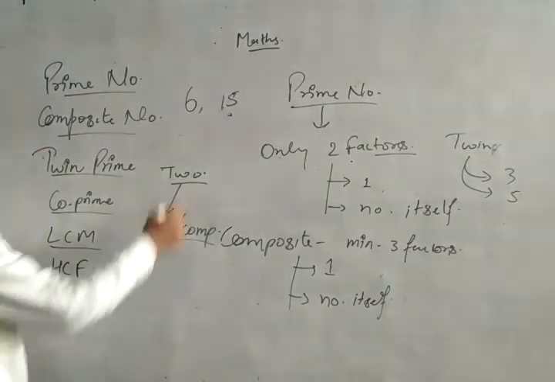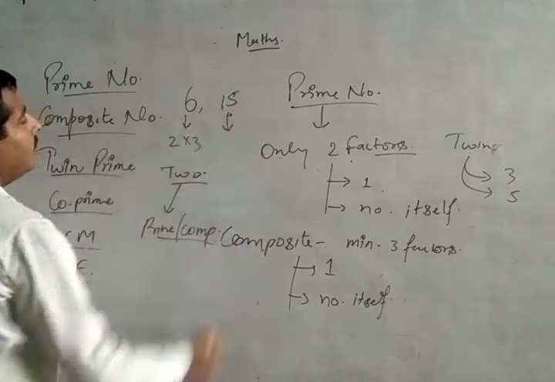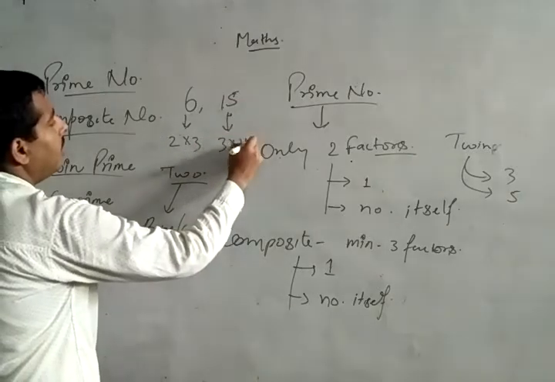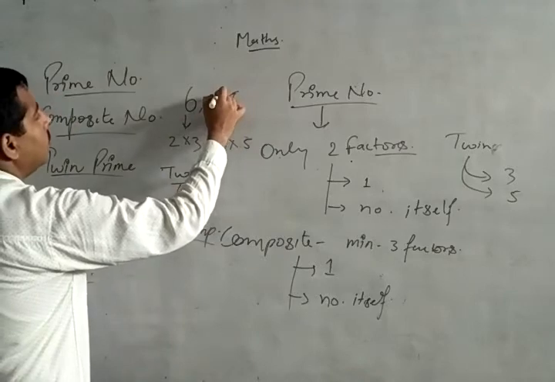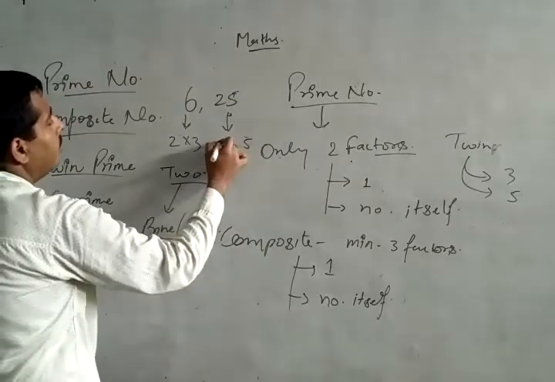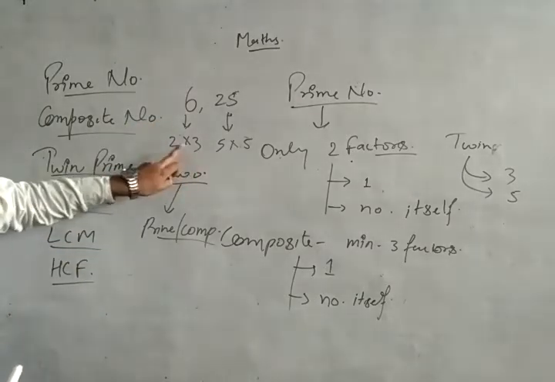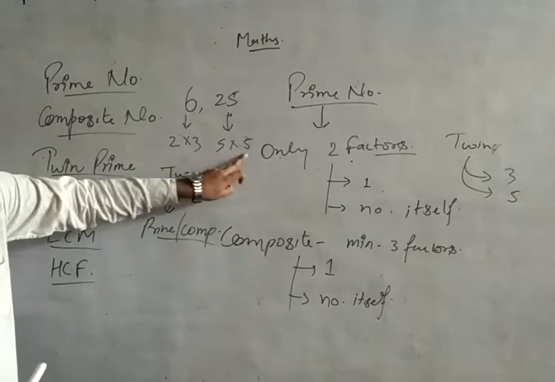The factors of 6 are 2 and 3, while the factors of 25 are 5 and 5.